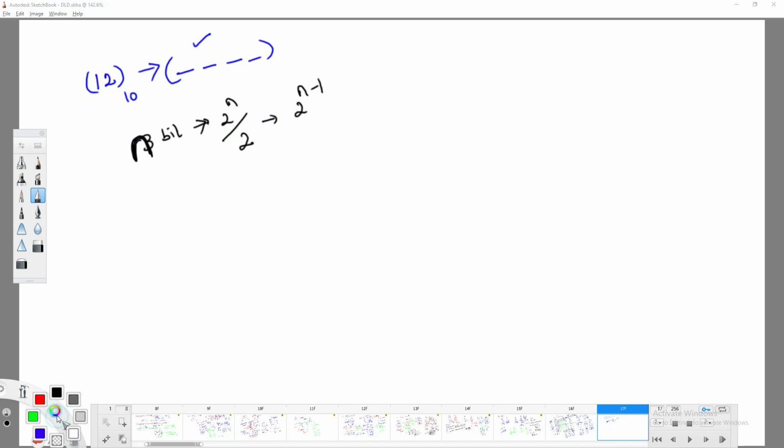So with respect to this concept, if I am going to have a number like minus 3 in decimal, which I want to represent in 2's complement, how many minimum bits are required?